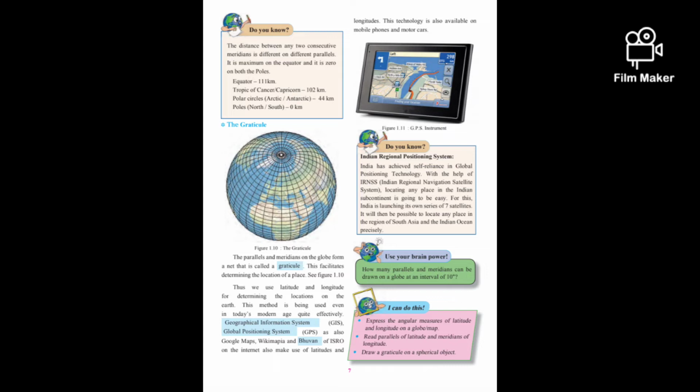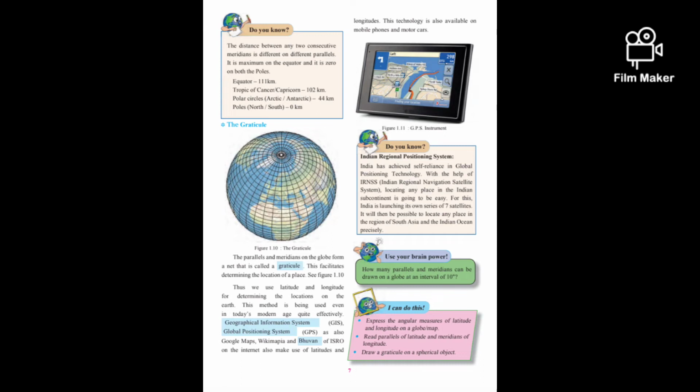Look at the picture, children. Here you can see our planet Earth with these imaginary lines on it. Latitude and longitude together form a net called a graticule. This facilitates determining the location of a place.